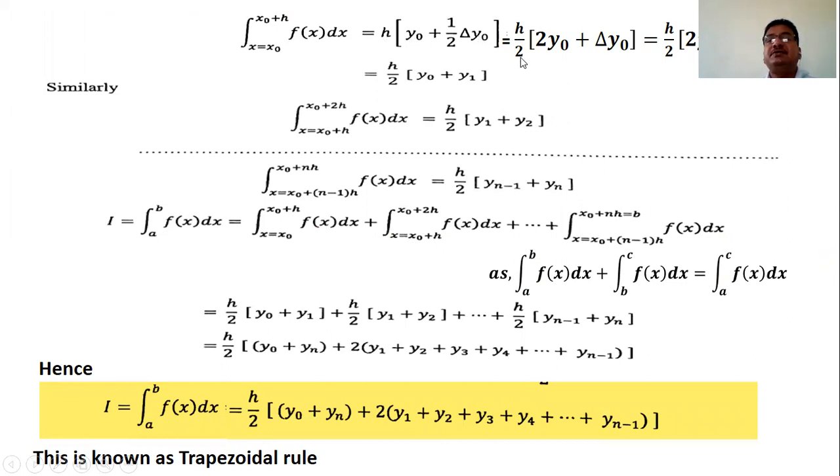Then h by 2, take this 1 by 2 as common, means multiply the bracket by 2. We have 2 y naught plus delta y naught, and then the simplification of this: delta y naught is y1 minus y naught, and 2 y naught minus y naught is y naught.